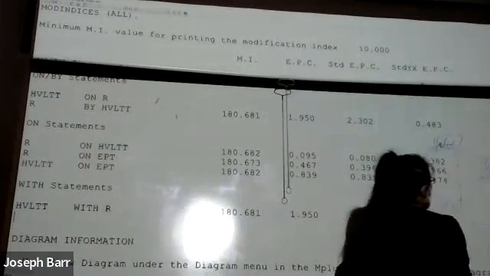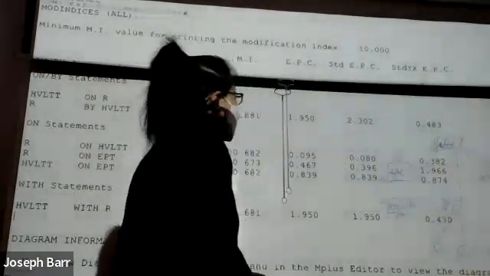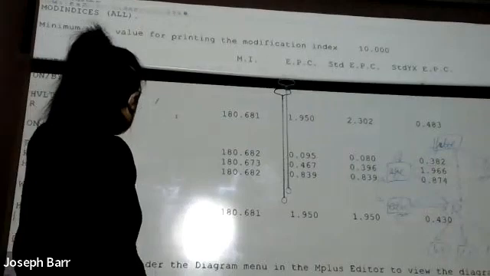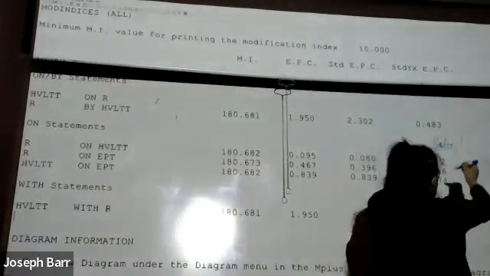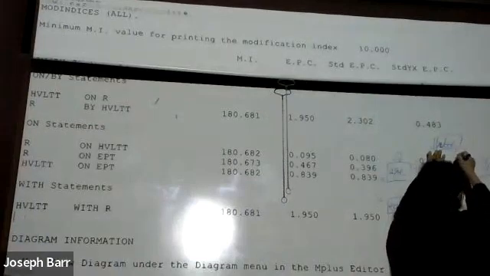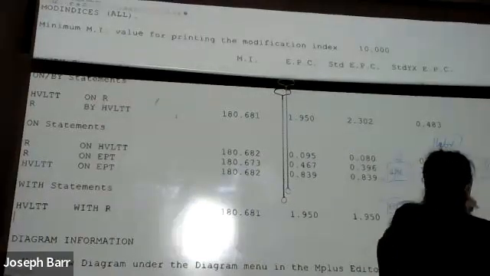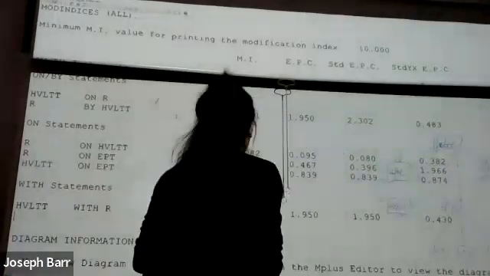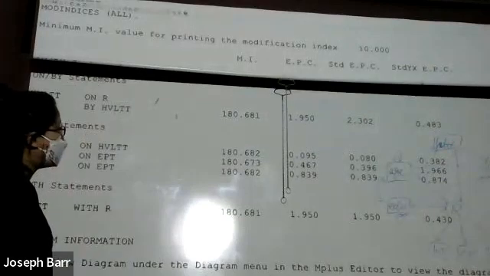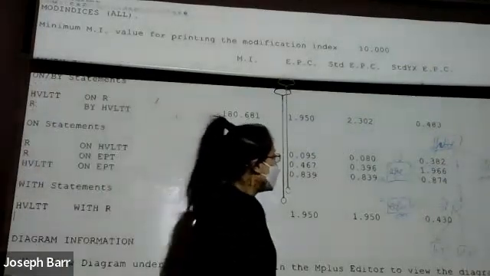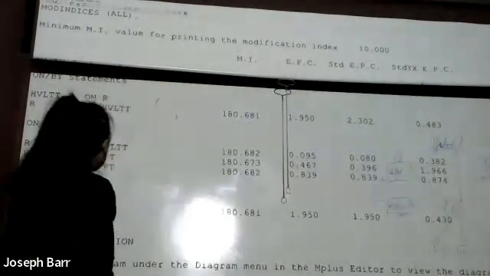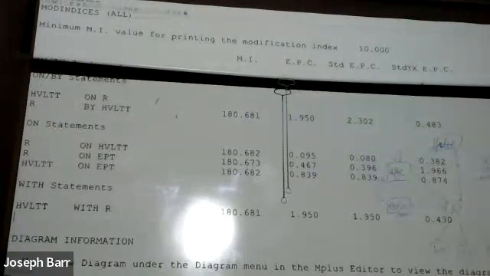It just gives us a possible model, trying to add this path. HVLTT, the dependent variable, is regressed on R. So R is going to change the HVLTT scores. Or R by HVLTT: R is also measured by the HVLTT. So this is one possible statement, by adding ON or BY.